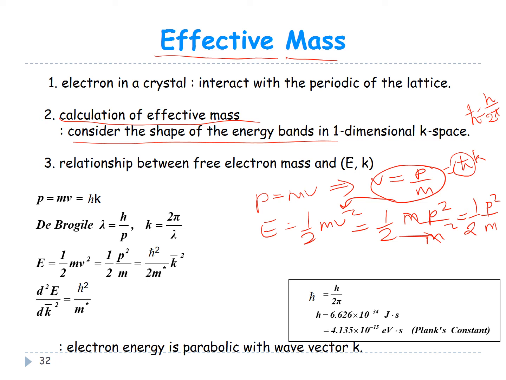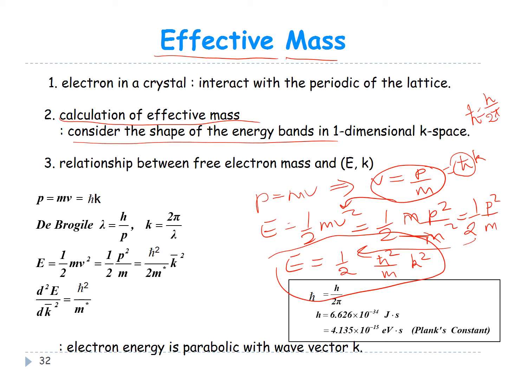Now, if you substitute your p for h bar k, you get E is equal to half h bar squared divided by m times k squared. So your energy is now expressed in terms of the k vector. And just by looking at this, you can see that your energy is parabolic with the k wave vector.